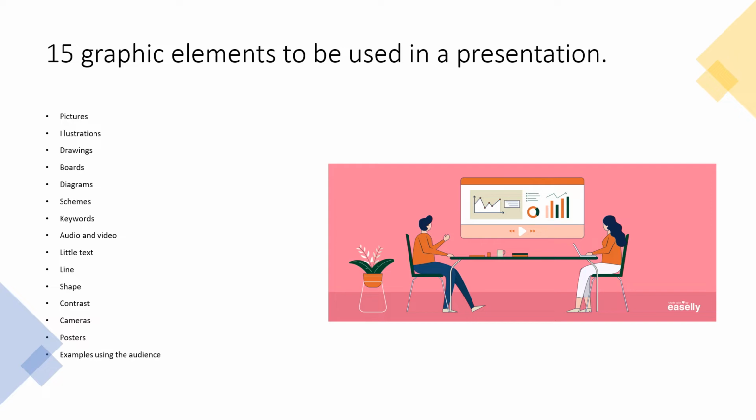So that's why we use graphic elements in a lot of presentations, to aid us with these visual aids. And of course, they can be audio too. So these are helpful.